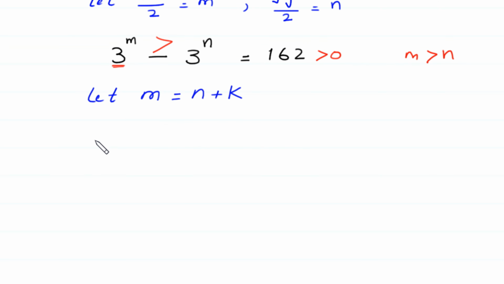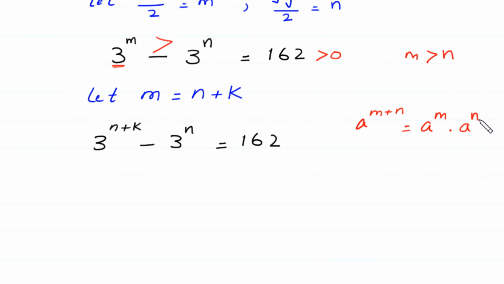Then this equation becomes 3 to the power, the value of m is n plus k, minus 3 to the power n is equal to 162. Now, according to the property of exponents, a to the power m plus n is equal to a to the power m times a to the power n.